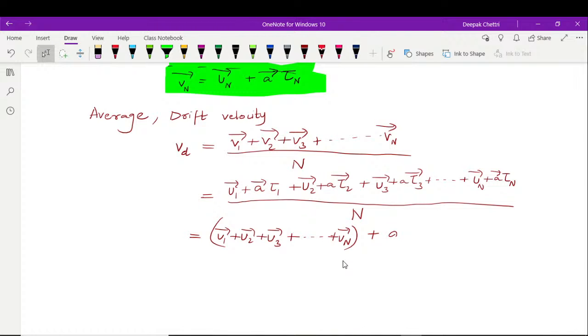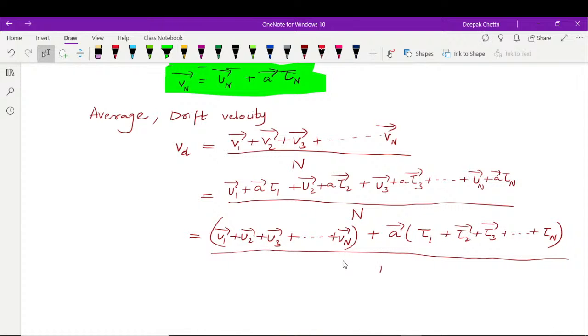So I can take a common from there, and I will get tau 1 plus tau 2 plus tau 3 plus up to tau n, and the whole thing is divided by n. Any doubts?